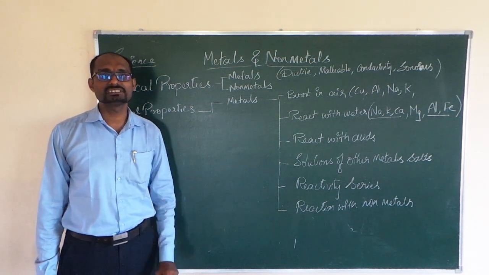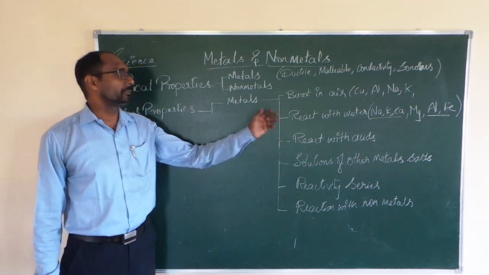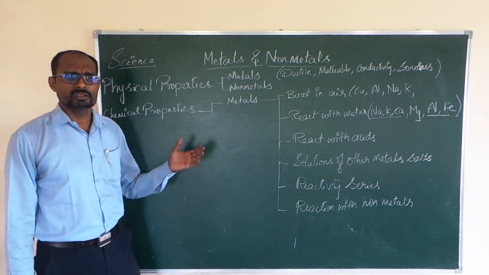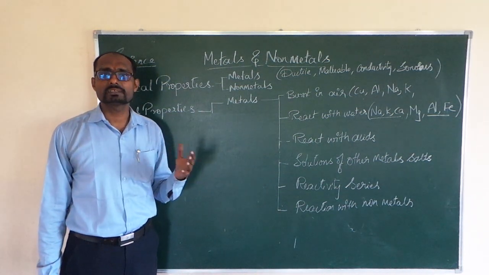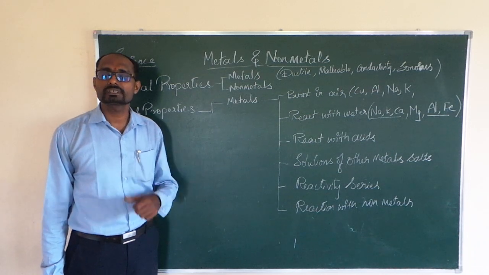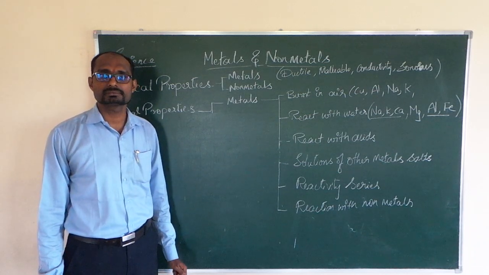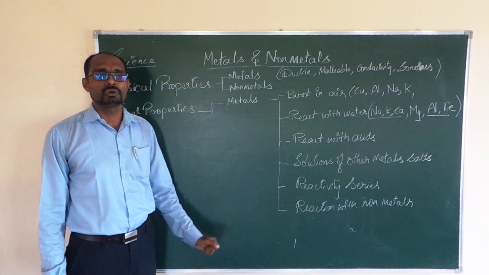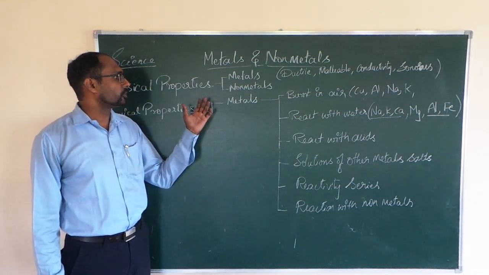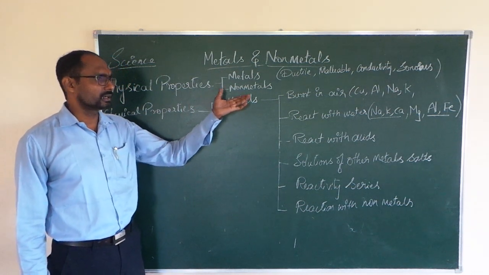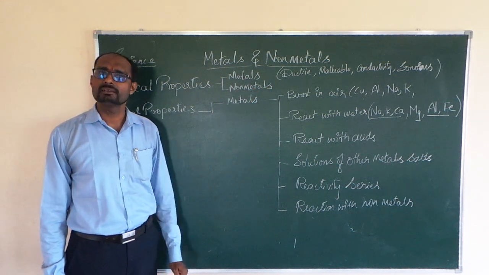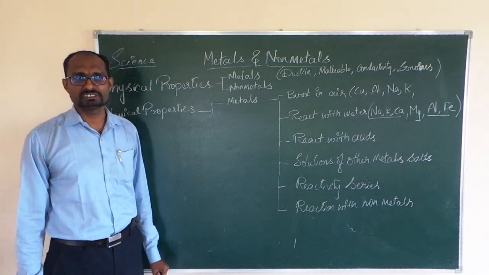Mercury is a metal which is in its liquid state. Coming to non-metals, graphite, which is another form of carbon, is a good conductor of electricity. And we have also learned about bromine being a liquid in its natural state.